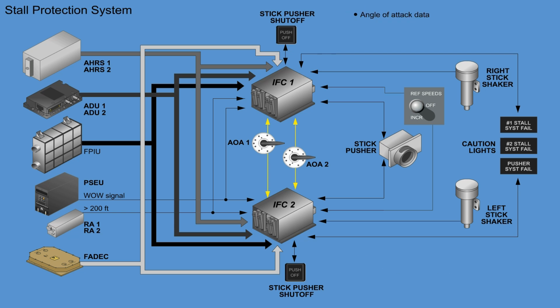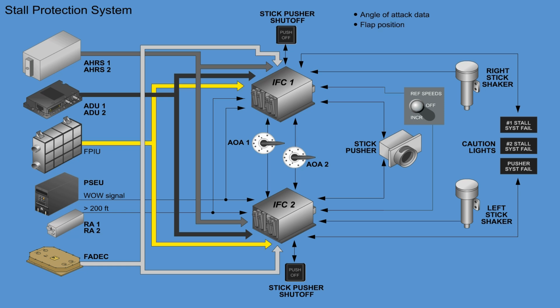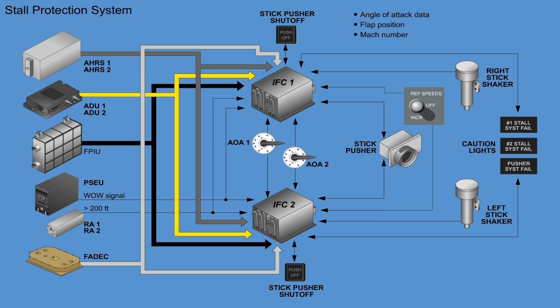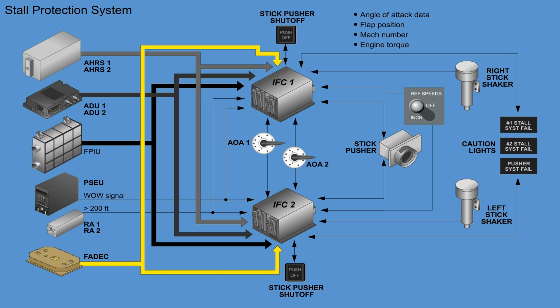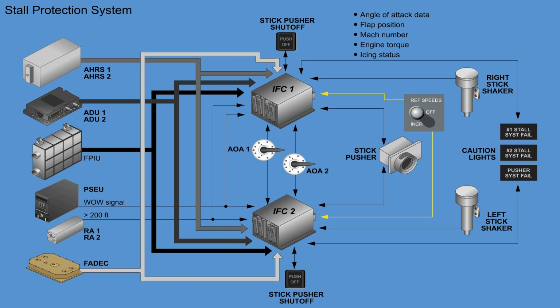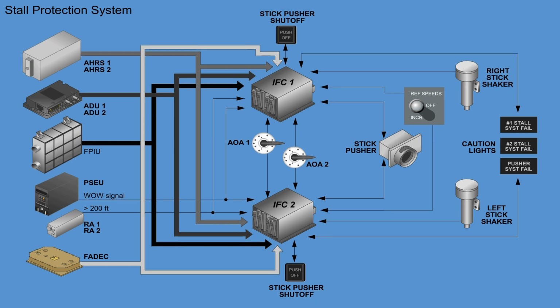Angle of attack data. Flap position. Mach number. Engine torque. And icing status. To calculate the stick pusher operating angle, the following parameters are used by the stall protection modules.